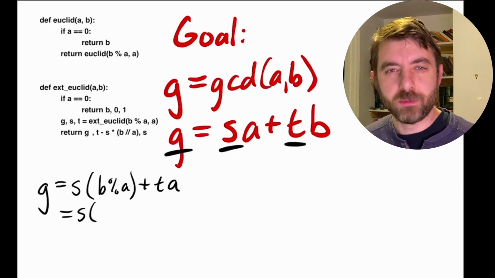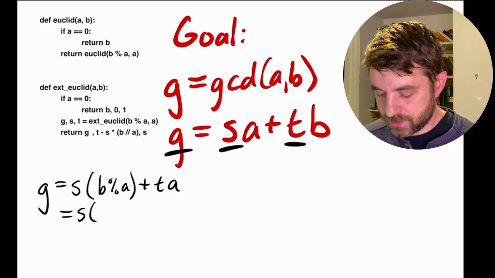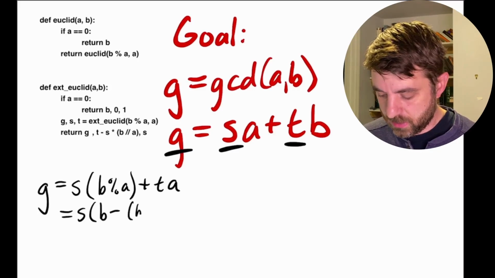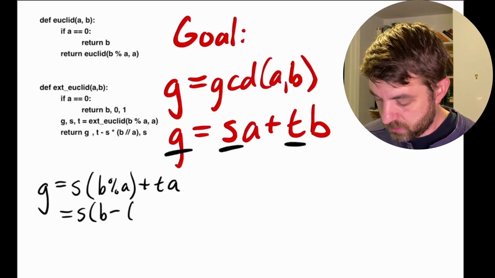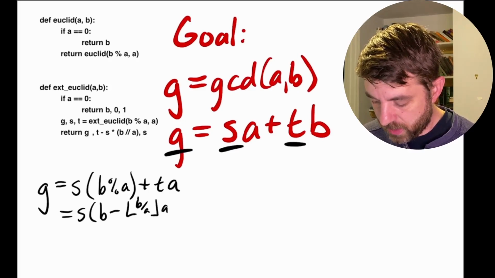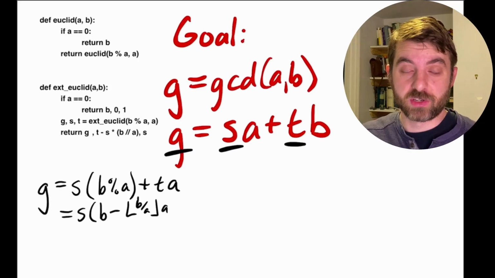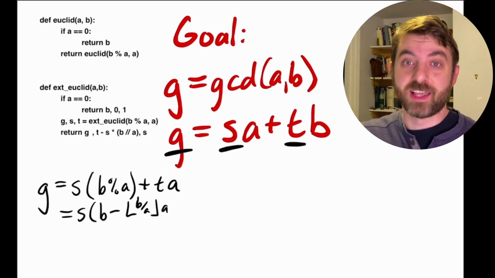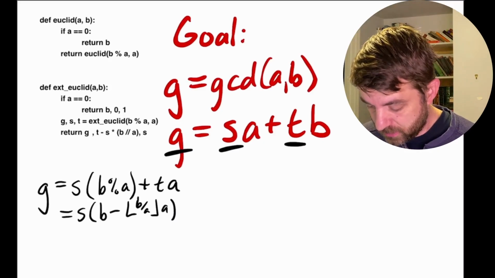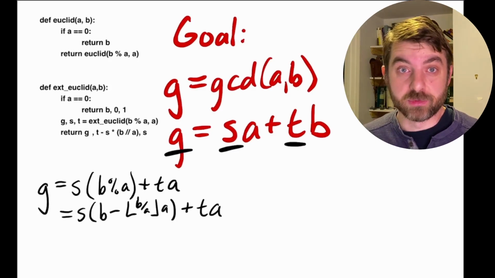So B mod A is the remainder after I divide B by A. And that's like saying, okay, if I took B and I subtracted off B over A times A, but with B over A rounded down to be an integer. And so if you multiply it back by A, you're going to get a multiple of A. In fact, you're going to get the largest multiple of A that's less than B. And so that difference is B mod A. And I add that to the T times A that I had before.